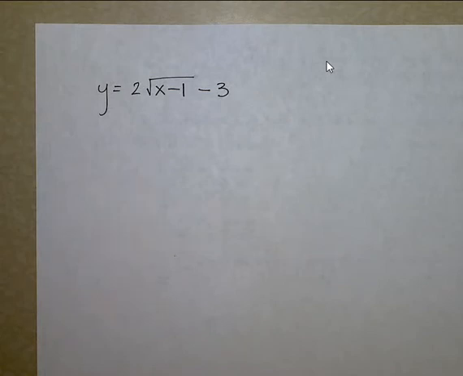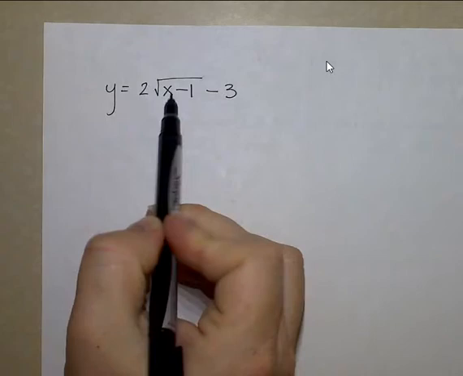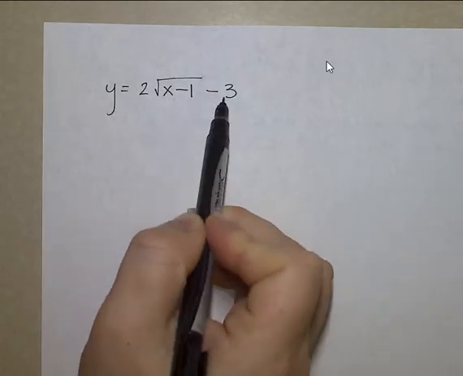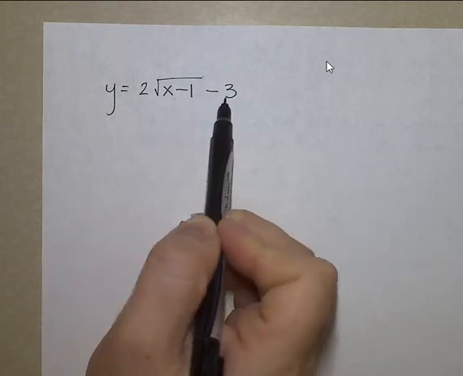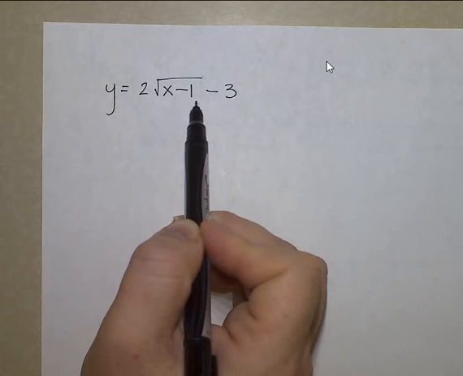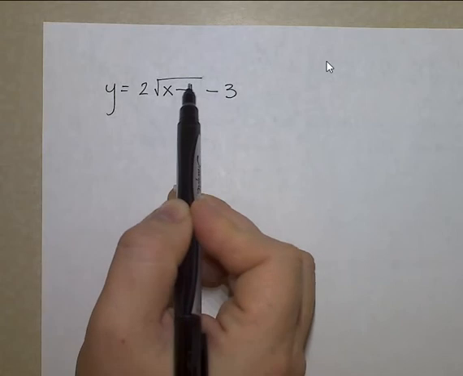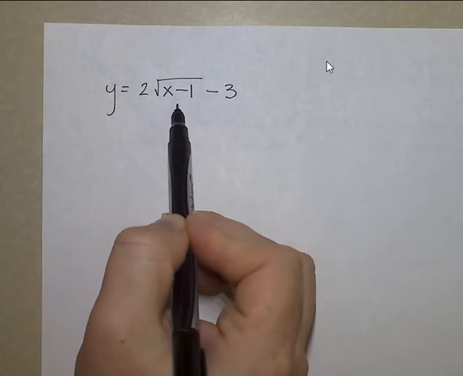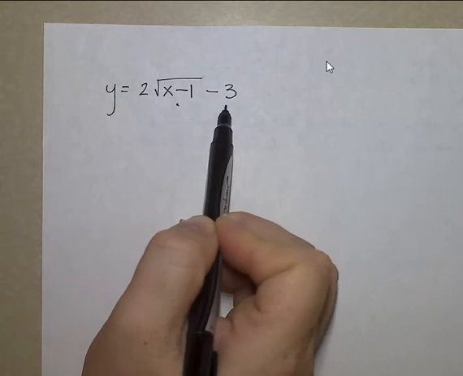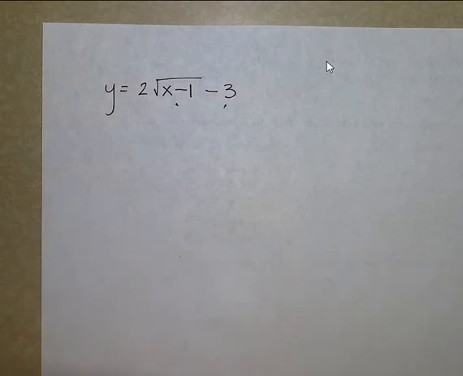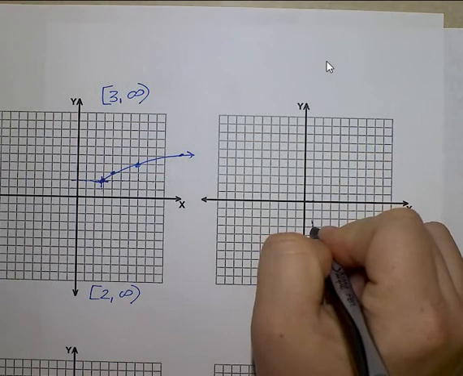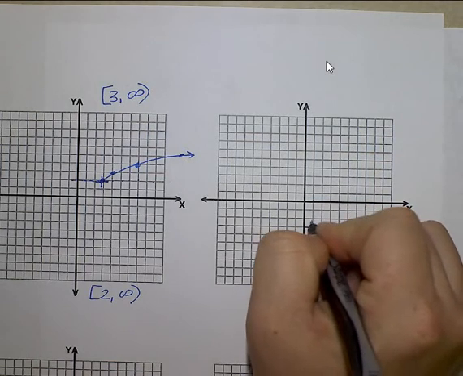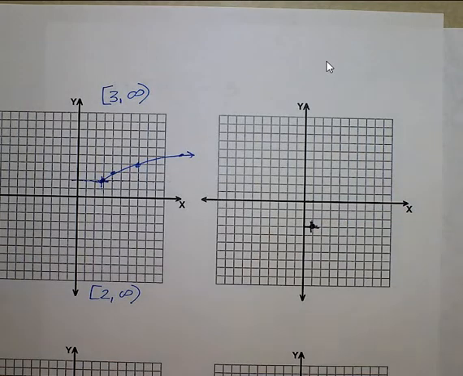In the past, students have asked, do I first shift it left or right and then up or down? It doesn't matter. Whether you do the horizontal shift first and vertical second, or vertical and then horizontal, it makes no difference. I personally take care of this first. So I'm going to shift it to the right 1 and then down 3. That's your first step. I now consider this the new origin.